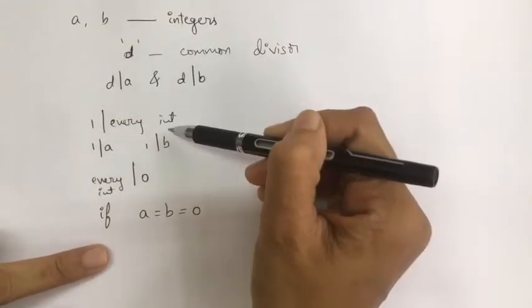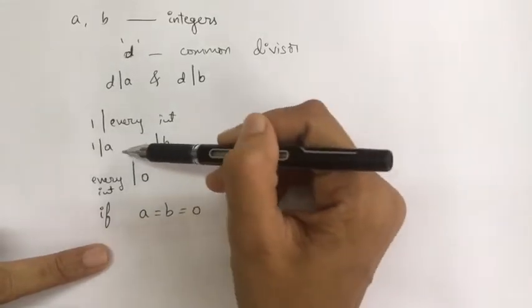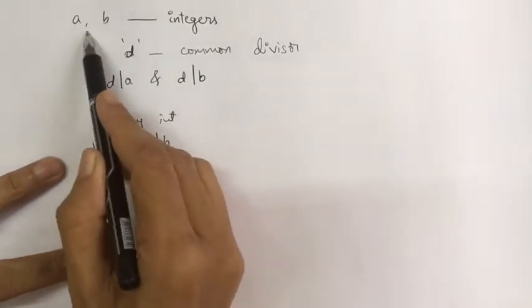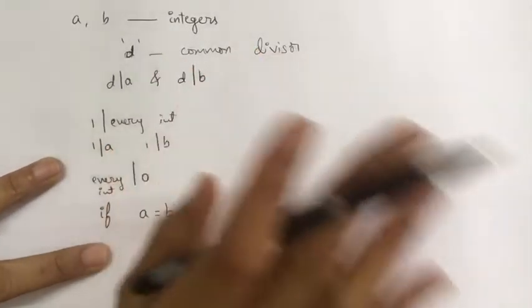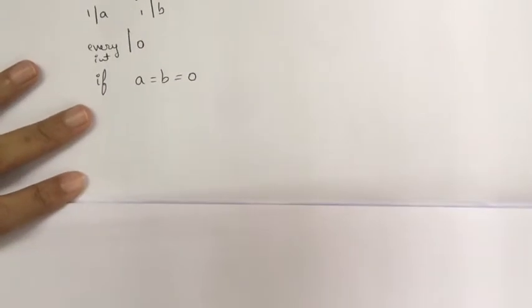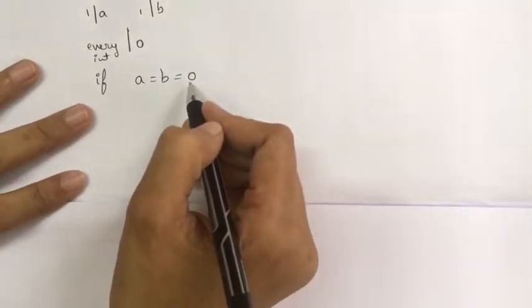So 1 divides every integer. So I can say 1 divides A and 1 divides B. Therefore, the set of common divisors for A and B is non-empty. Now I have A equal to 0 and B equal to 0.